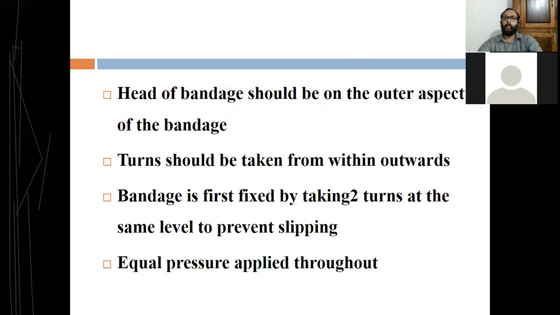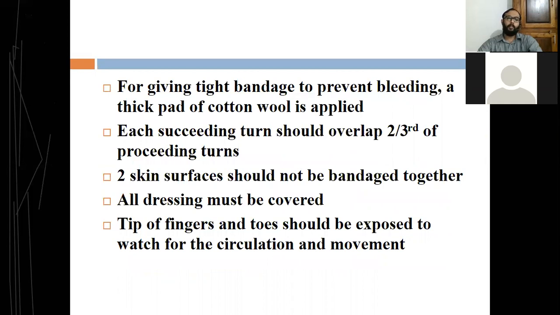Equal pressure should be maintained throughout the bandage. Each succeeding turn should overlap 2/3 of the preceding turn. Two skin surfaces should not be bandaged together. All dressing must be properly covered. The tips of the fingers and toes should be exposed to check the circulation. This is regarding the rules of bandaging.